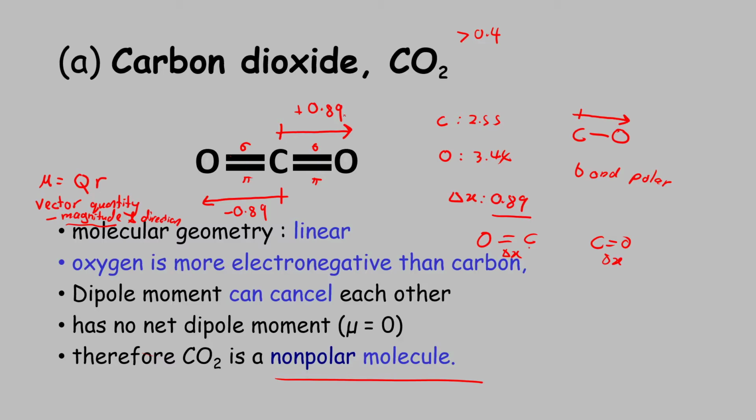If you remember, a vector has direction, so we denote positive or negative just to represent the direction. So, if one is negative and one is positive, the total dipole moment will be 0. That's why we have no net dipole moment, because dipole moments can cancel each other if they are in opposite directions.